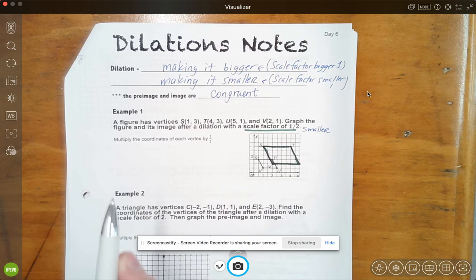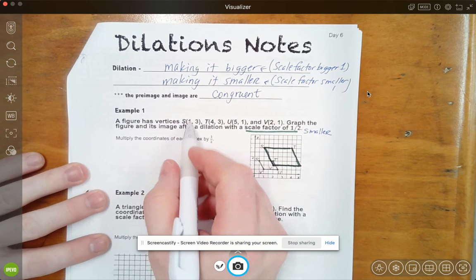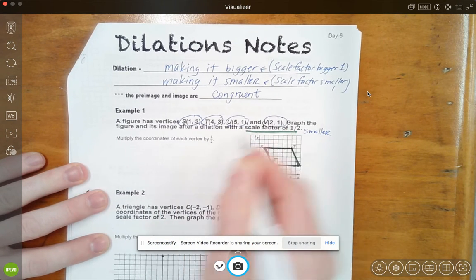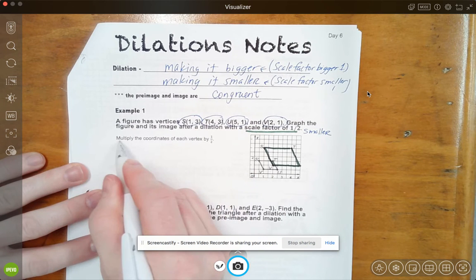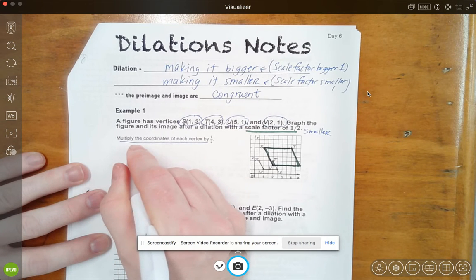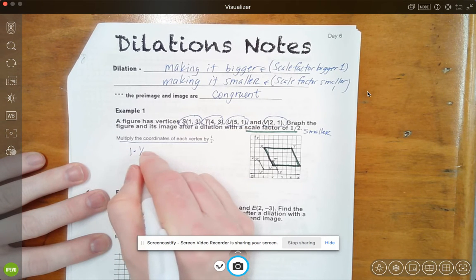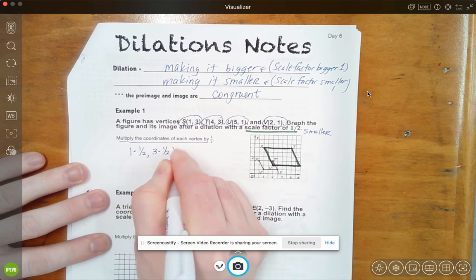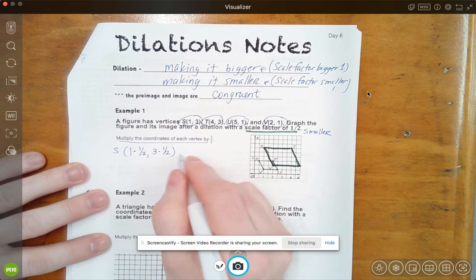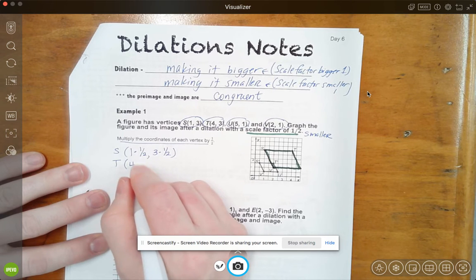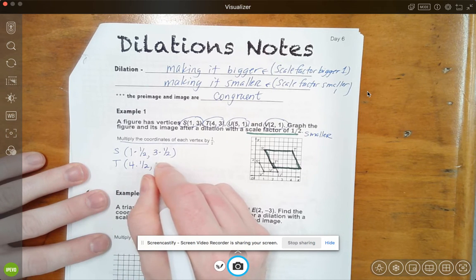So how do we know how to do this? Well, what we do is we take the points that have been given to us. They're right up here. And it says we're going to multiply each one by 1/2. So we're going to take the points 1 times 1/2 and 3 times 1/2. And that's point S. I'm going to take point T. I'm going to do 4 times 1/2 and 3 times 1/2.